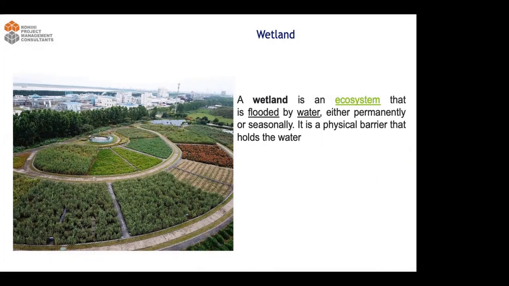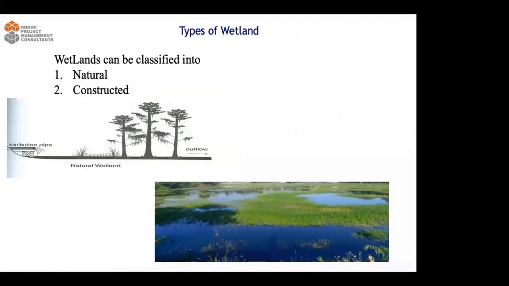So when we talk about wetlands, there are two types, right? One is a natural wetland, and the other is a constructed wetland. A natural wetland, as he told it earlier, is based on the natural habitat.